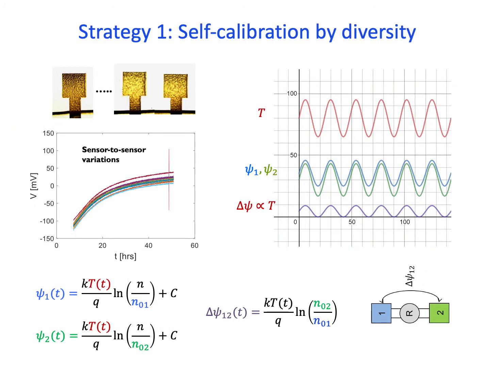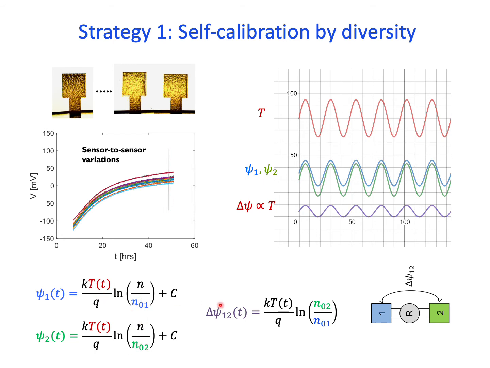So one of the first strategies from communication theory that we can use is this notion of self-calibration through differential measurement. Consider two sensors that are slightly different, and therefore they have a slightly different response. The only reason that happens to be so is because their reference concentrations are different.